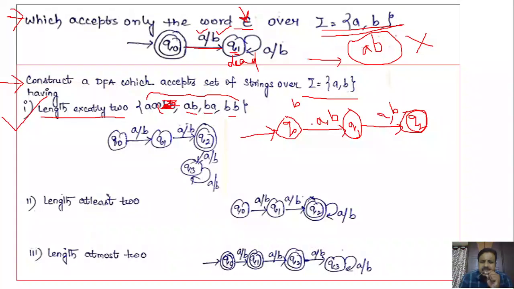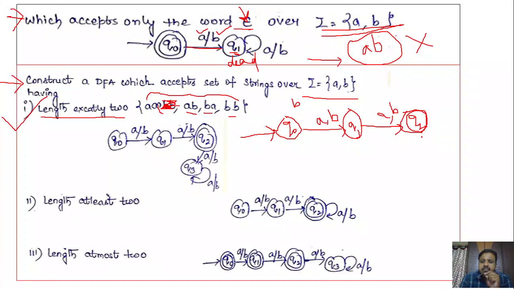By seeing this diagram, you could observe that this is the way the DFA is accepting the strings of length 2. Now what happens if I get the third character?